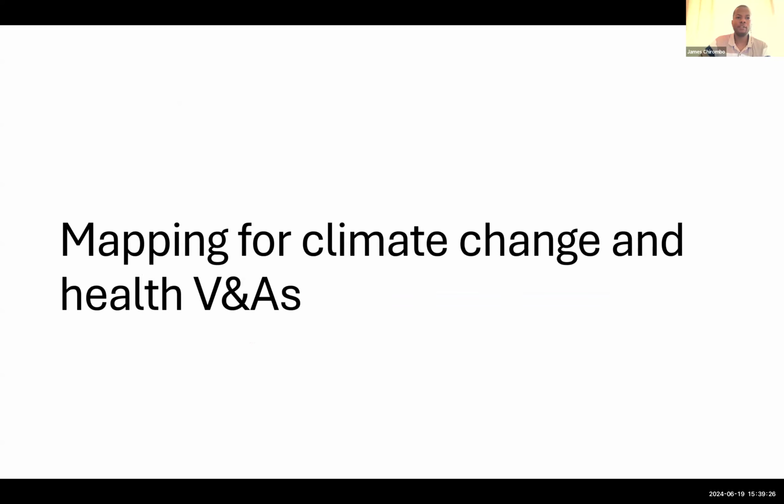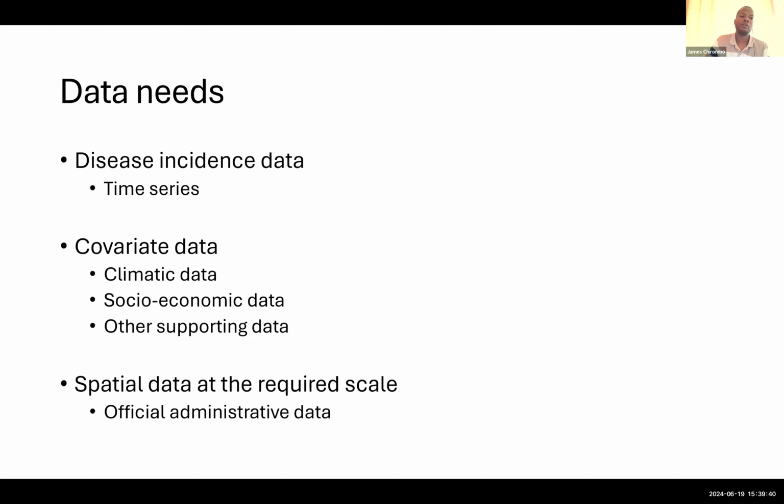Now let me move to mapping for climate change and health vulnerability and adaptation assessments, and I'll just talk about some of the things that you need to take this process forward. So, starting with the data needs. You would need to have access to disease incidence data.